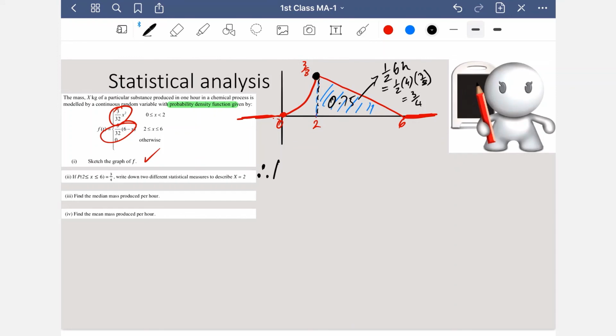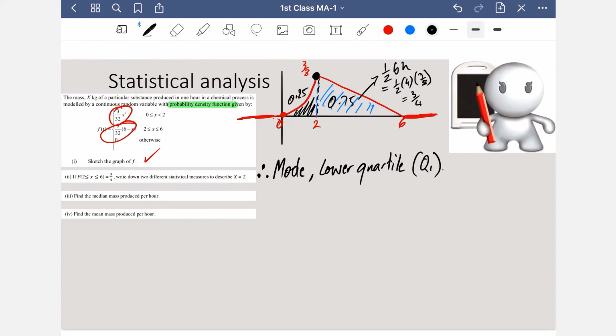So therefore, one way to describe this point is the mode. Now, the other way to describe it: the area on this side is going to be 0.25, so therefore it's my Q1, my lower quartile.